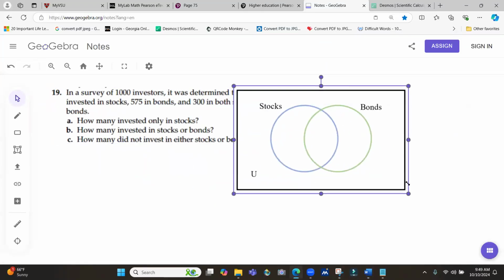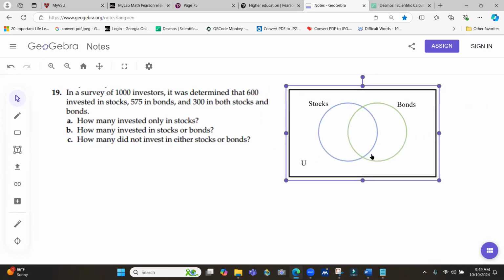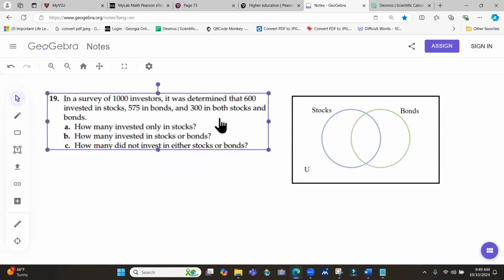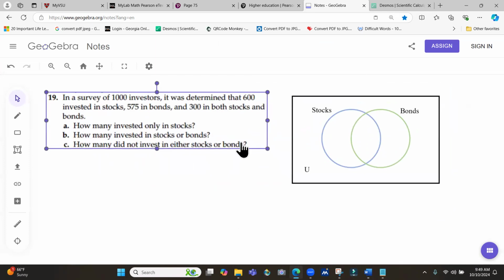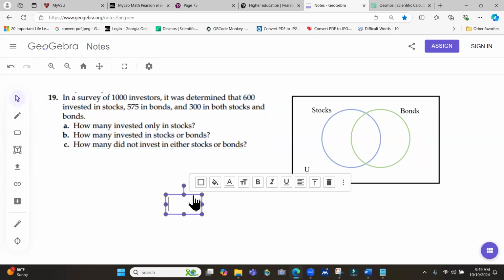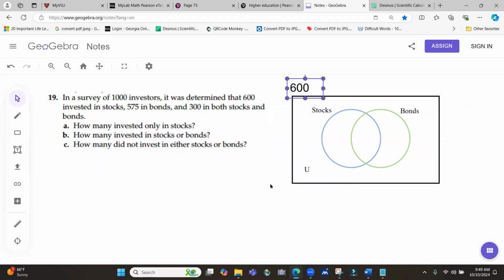You have to read them very carefully. They can just change one word and all the numbers will mismatch. In a survey of 1,000 investors, it was determined that 600 invested in stocks, 575 in bonds. Okay, so I'm going to write it like this: 600 in stocks, and I'm going to put the number 600 above stocks.